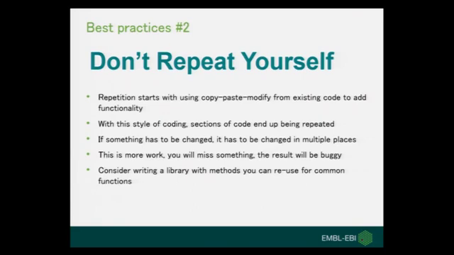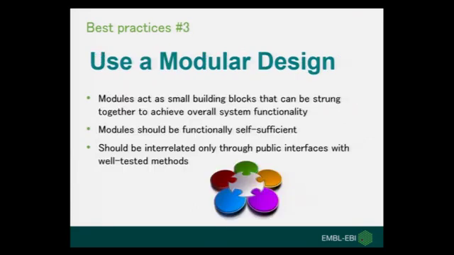Don't repeat yourself. Writing library functions lends itself to having a modular design for architecture. All those methods that you're going to reuse over and over in different contexts, take them out, package them up, put them into a module, give the module a name, give it an independent existence, publish an interface which is really easy to understand with nice readable method names, and then you can call it from the other modules.